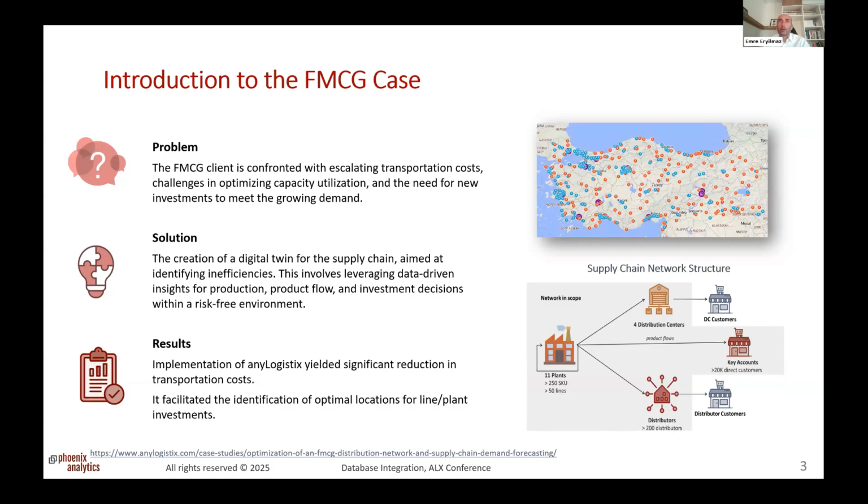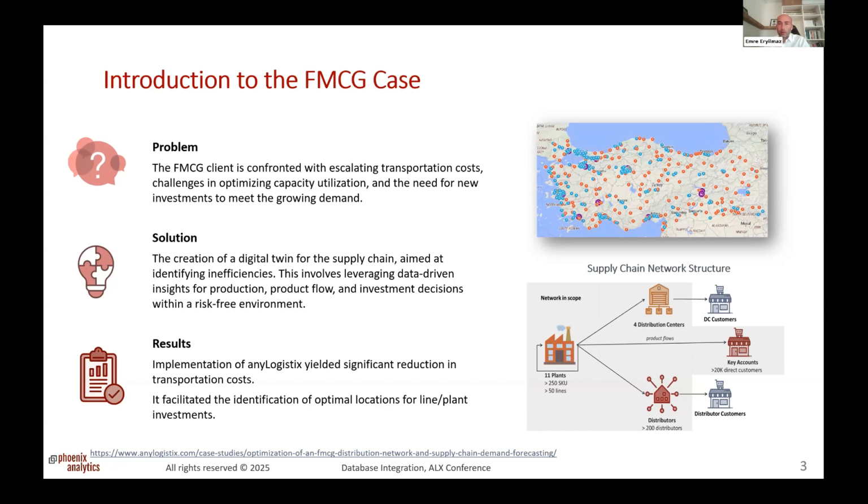Secondly, there are also some alternatives to decrease transportation costs. For example, let's say you are not producing a product in the mid part of Turkey, but if you put that product in the production lines there, that may decrease your transportation costs. Is it reasonable or not? We want to understand this kind of scenario.